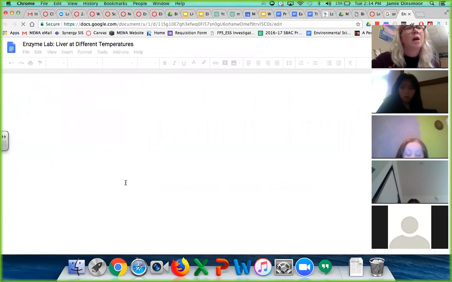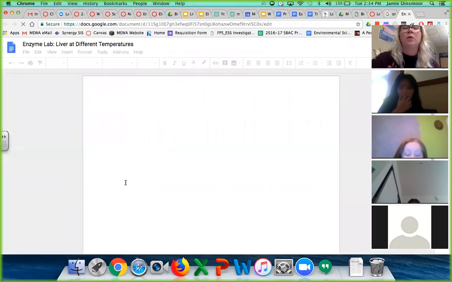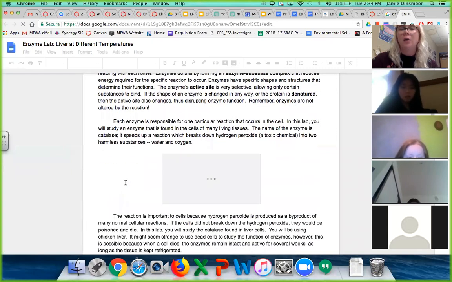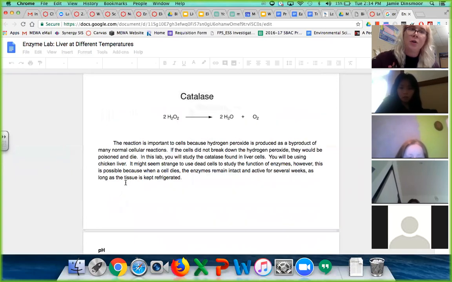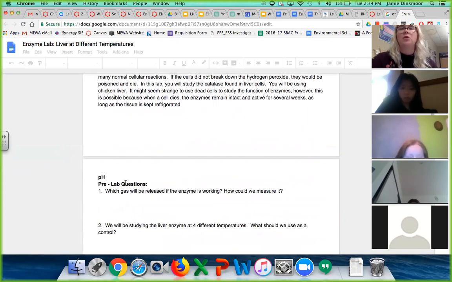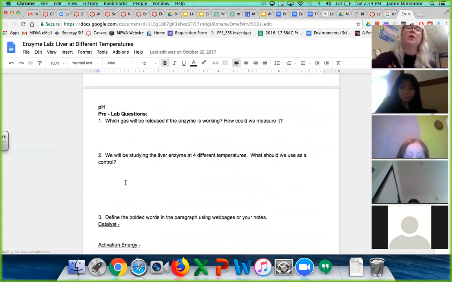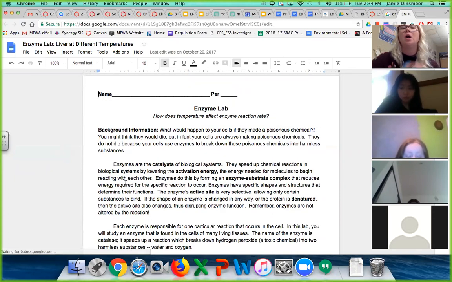And what we're going to be doing is filling out the first part of this lab. You should see there's a bunch of background reading. You're already kind of familiar with enzymes if you've been keeping up with the class. So you should be able to go straight to these pre-lab questions, where you may need to use some of the information provided in the first part of the lab, especially when we're talking about a specific enzyme.